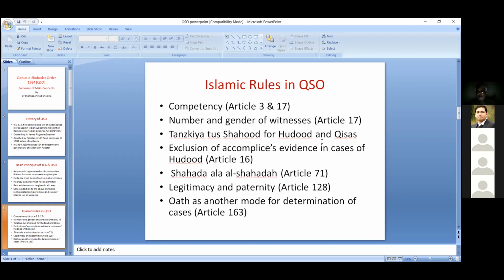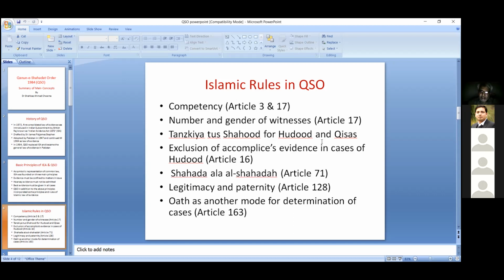He is the one who says that he has committed the offense in collaboration with another person. So when he says something like this, he has self-confessed the crime. A person who has confessed the crime is basically a fasik witness. And when he is fasik, his evidence must not be considered in hudud and qasas cases. So the accomplice is competent in tazir cases, but his evidence is not considered in hudud and qasas cases.